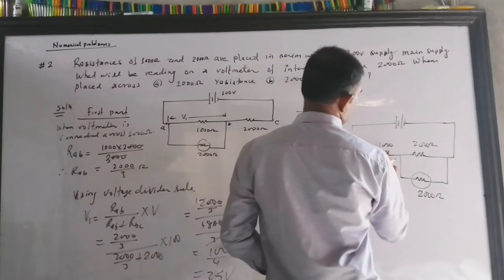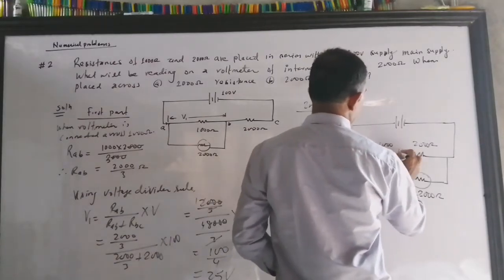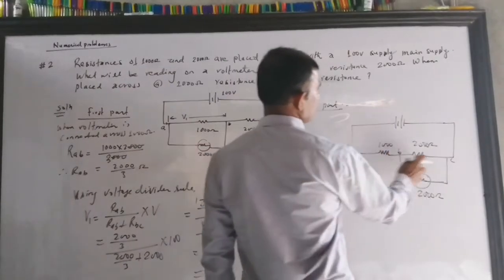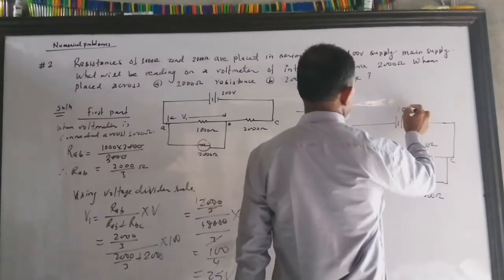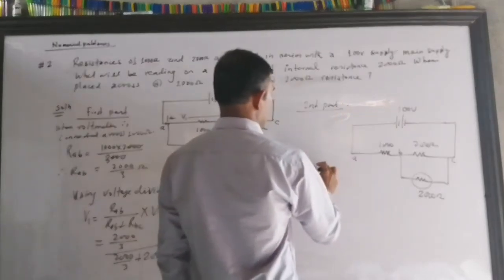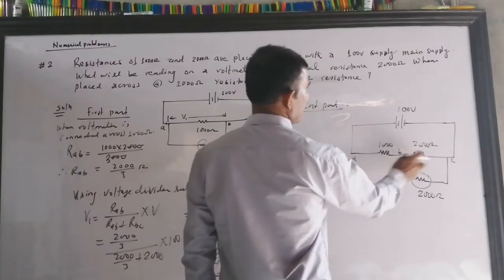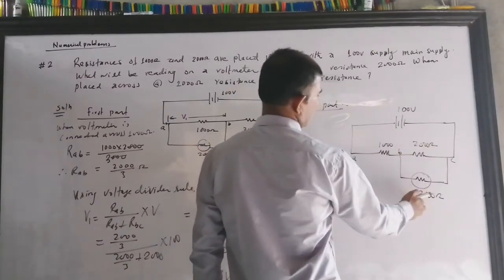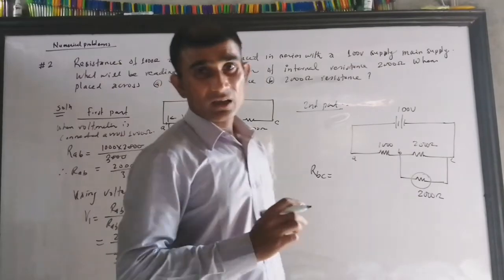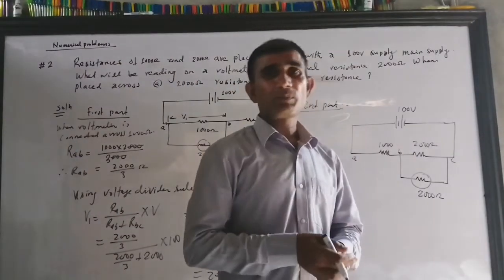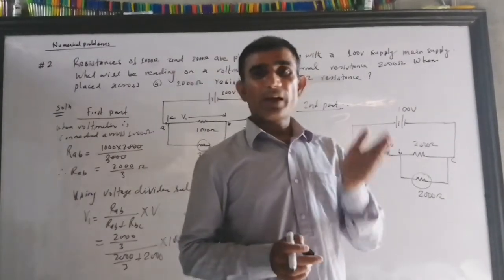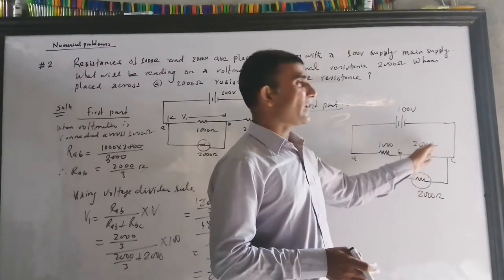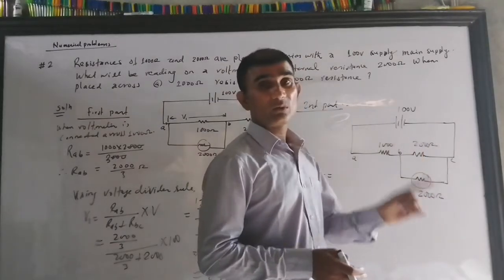Again I have to find the resistance, so again I am writing A, B, C. Tell me what will be the resistance from B to C in this case. This was 100 volt, don't forget. RBC is 2000 parallel 2000, and I told you the trick: if the same resistances are in parallel, you divide just by the number. 2000 divided by 2 is 1000.